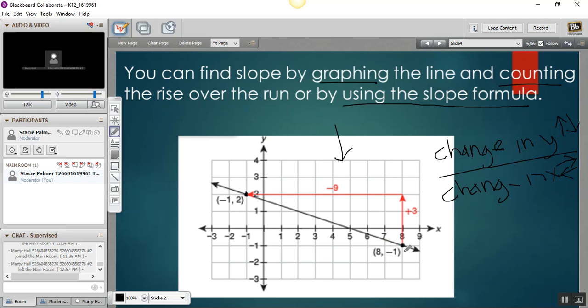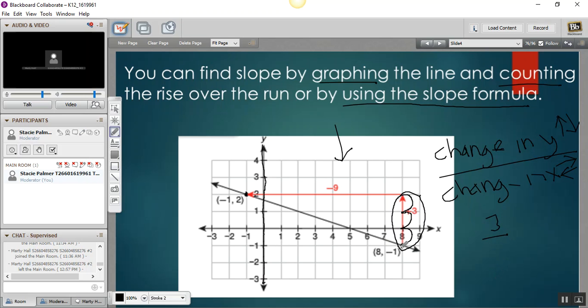Okay, so from here to get to here, can you guys see that from here to here, we have to move up 1, 2, 3. Okay, so our change in the y-axis here is a +3. Okay, so that's the top of our fraction, 3.